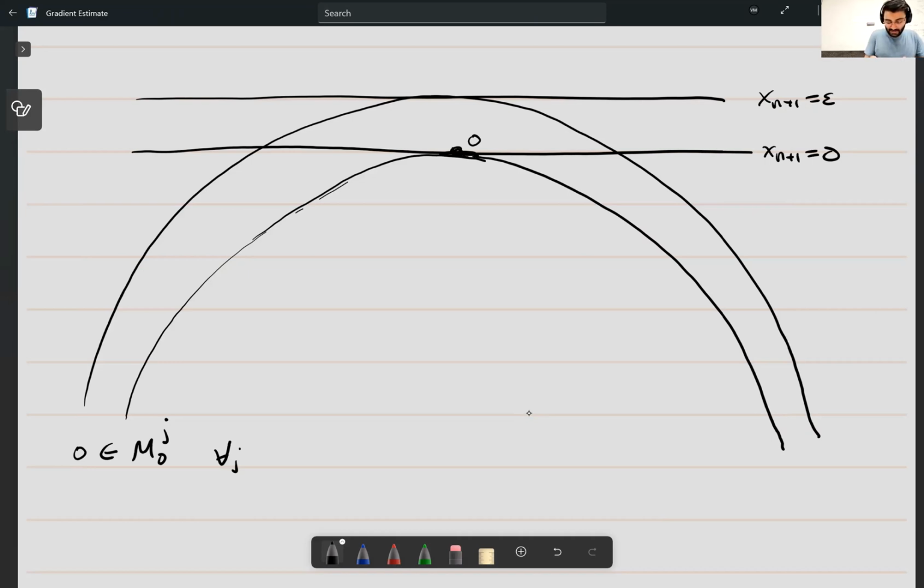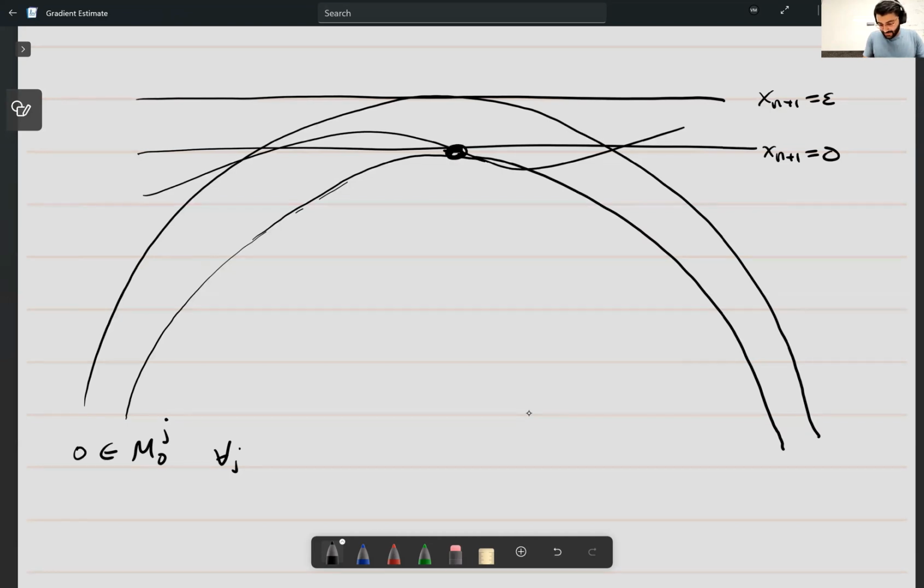So here's M, so it looks something like this, and there's M at time 0. So M_J at time 0 intersects this set here. I'll call this B r epsilon evolved for time capital T, and this is B r epsilon.